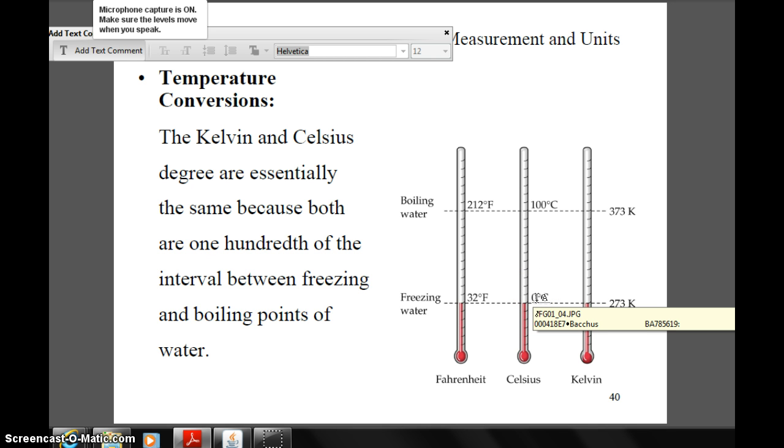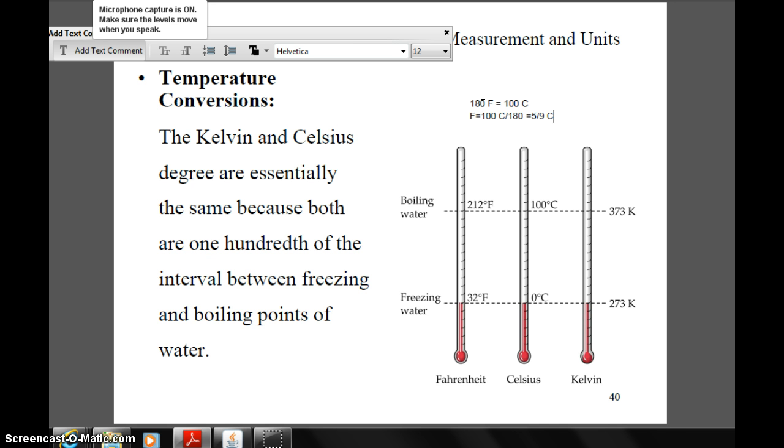So realize that the size of each degree is, let's write that somewhere, 180 Fahrenheit is equal to 100 degrees Celsius. And so that means the size of each degree Fahrenheit is going to be equal to 100 C divided by 180, which means 5 divided by 9 times C.